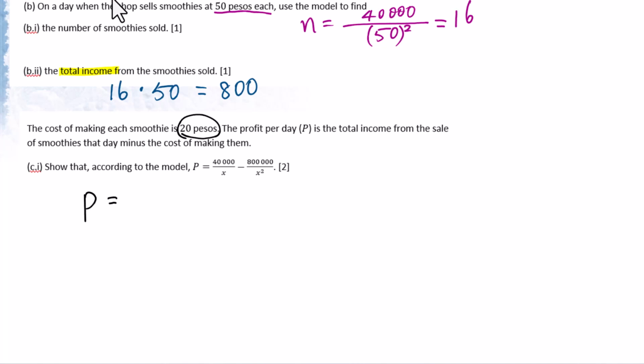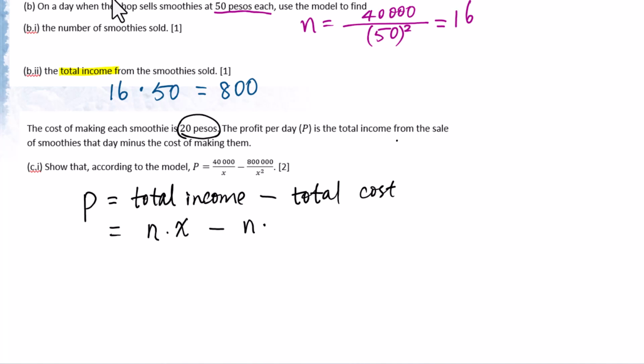P equals total income minus total cost. Total income is n times x minus total cost is n times 20. N represents the number of smoothies sold that day.